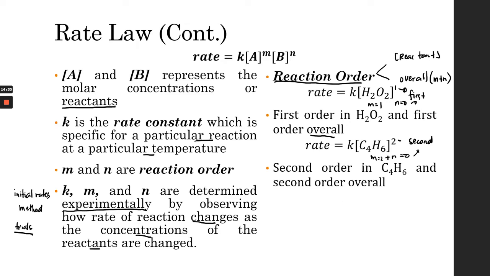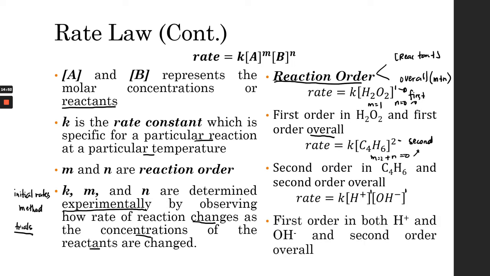So what if we have this reaction? We have two reactants now. So the rate for this is some constant K multiplied by H plus raised to 1, or H minus raised to 1. So what we have now is a first order for H plus, and we also have first order for H minus.